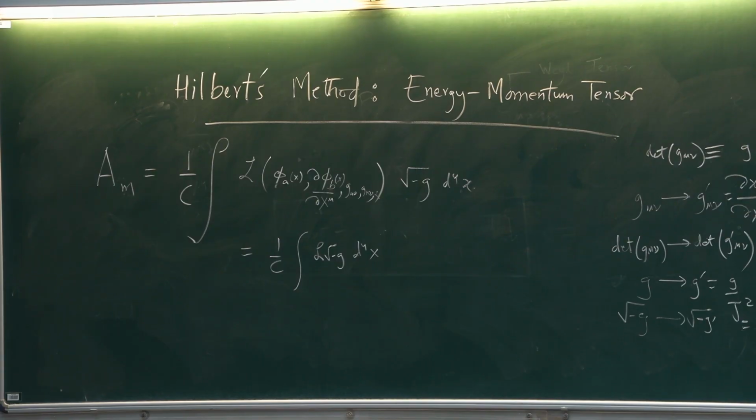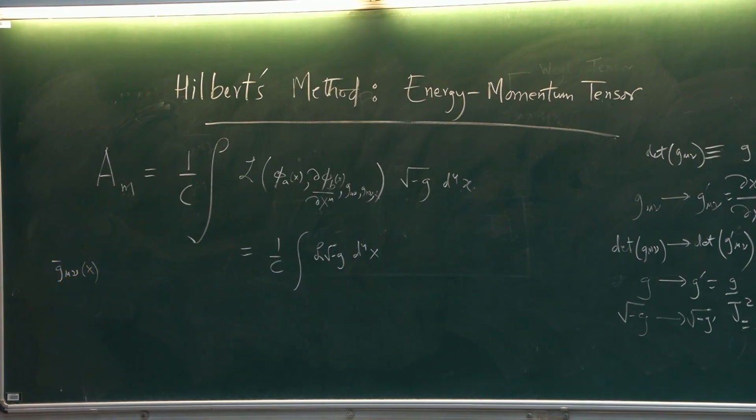Suppose I want to understand how the matter action changes when I make an infinitesimal variation in the metric. So what I am saying is, suppose I take a new metric g bar mu nu, no coordinate transformation, same coordinates, I am not making any coordinate transformation.